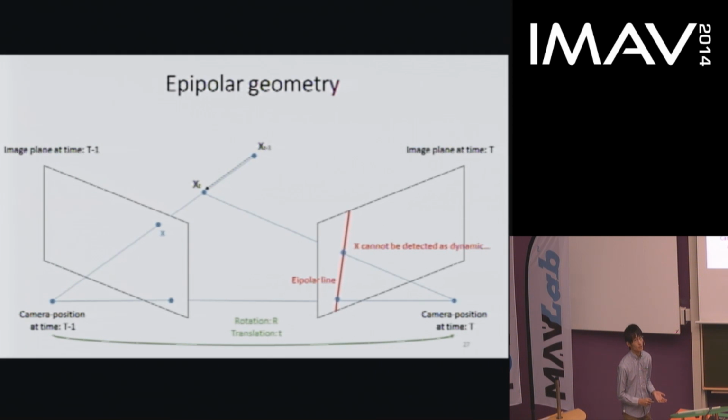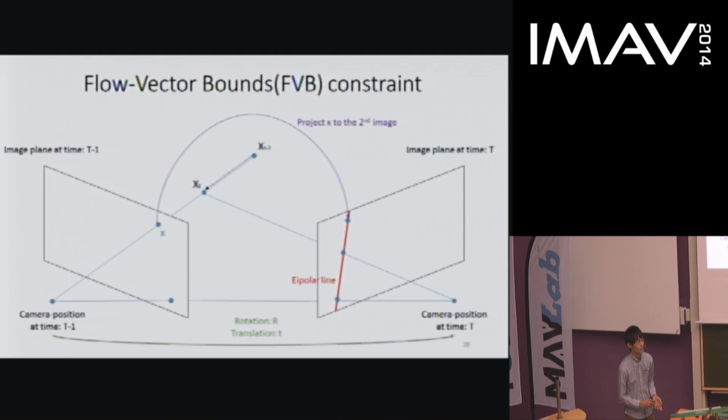The epipolar geometry cannot detect this point as a dynamic point because the point x on the second image is on the epipolar line. To detect this kind of motion, we introduce the second constraint, named the flow vector bounds constraint.